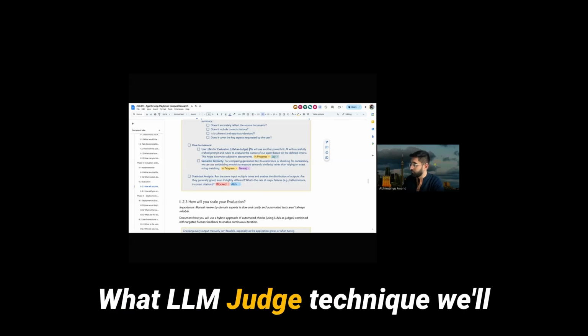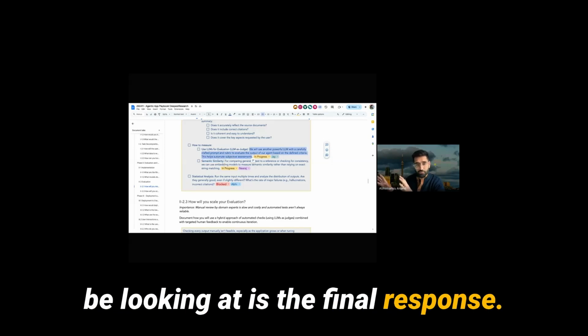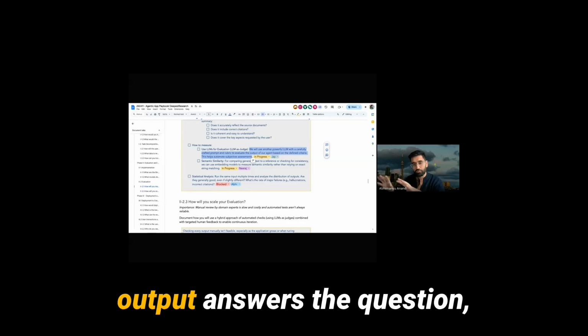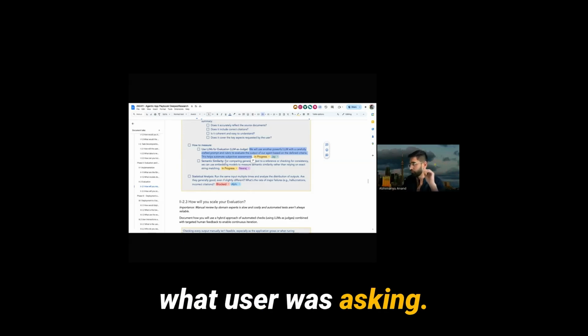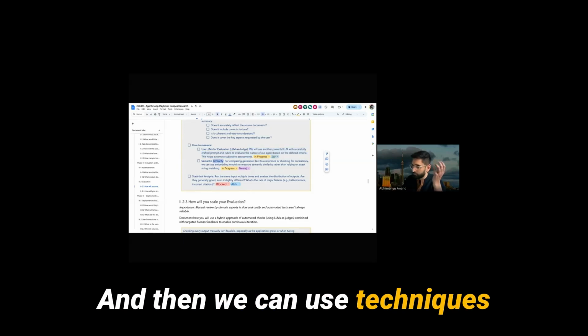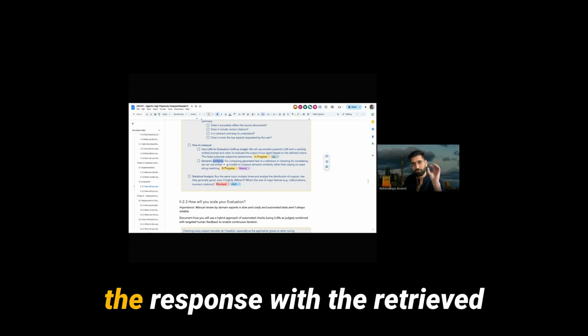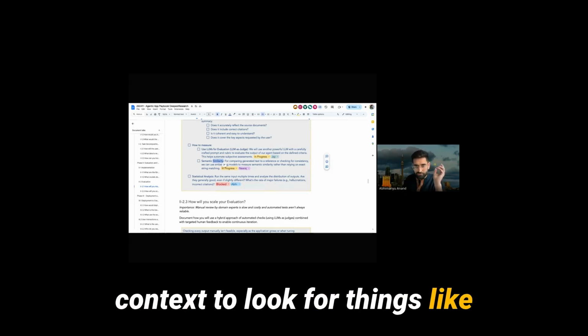What the LLM as a judge technique will be looking at is the final response, like how well the output answers the question the user was asking. Then we can use techniques like similarity matching to match the response with the retrieved context to look for things like hallucination.